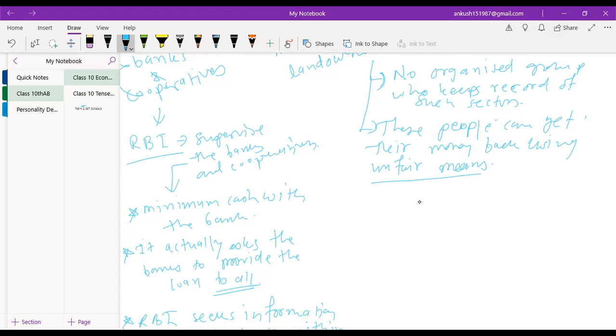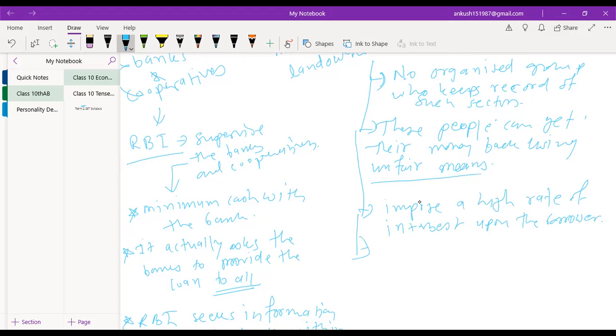Second thing, they actually impose a high rate of interest upon the borrower. High rate of interest they impose upon them.